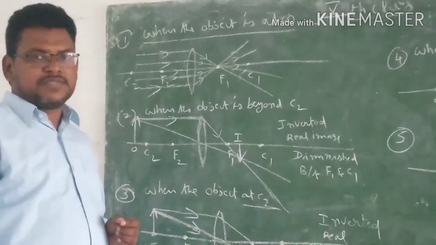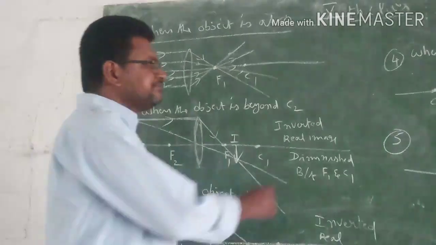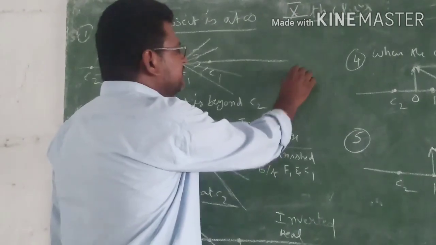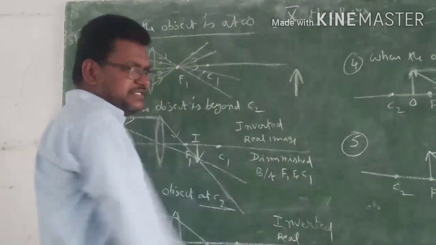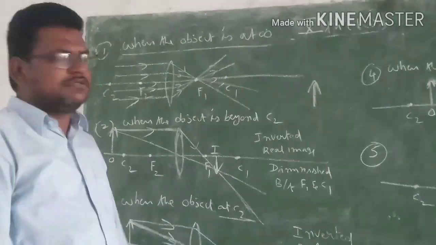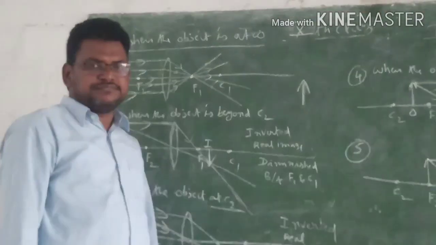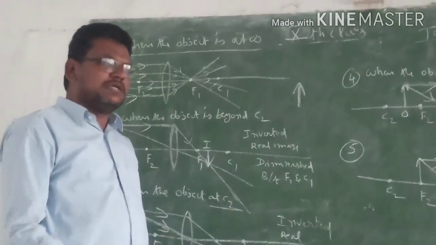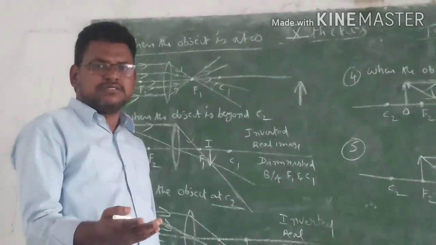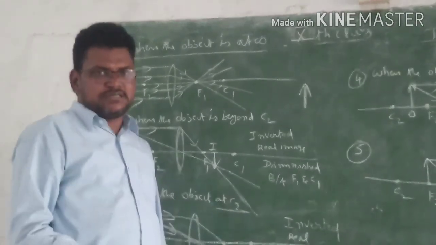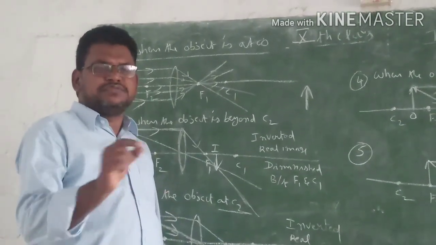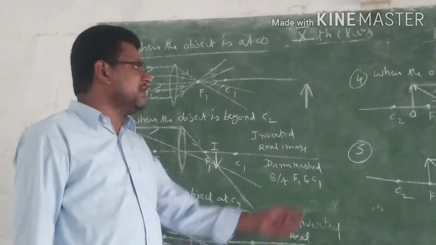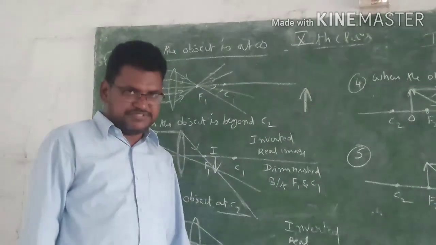An extended object is one which has dimensions. Dimension means breadth, height, width, etc. An object which has dimensions is called an extended object.